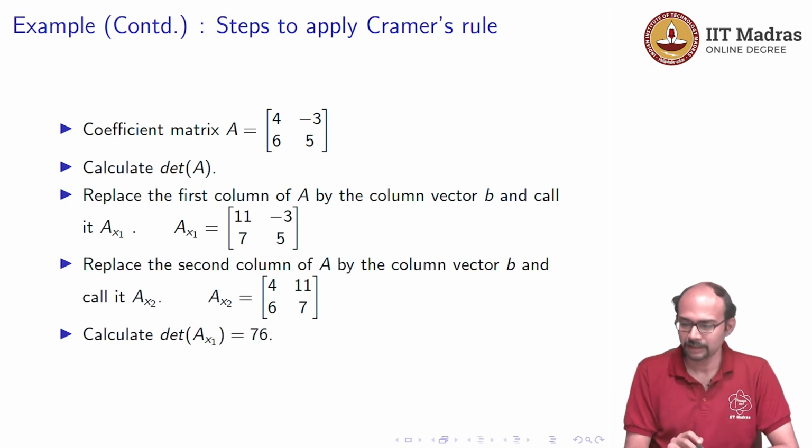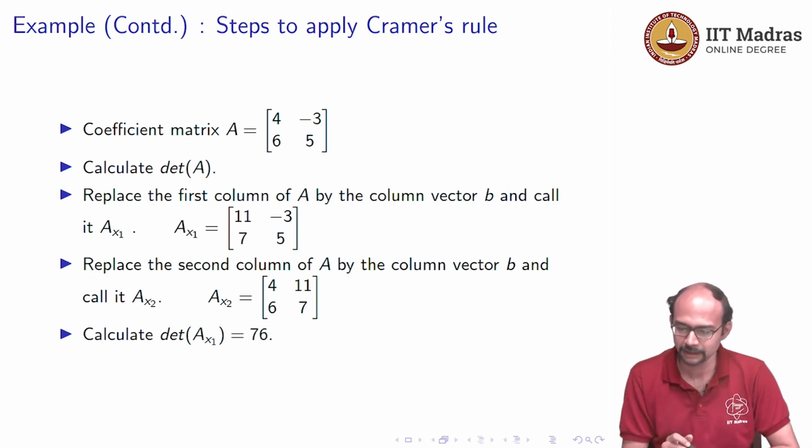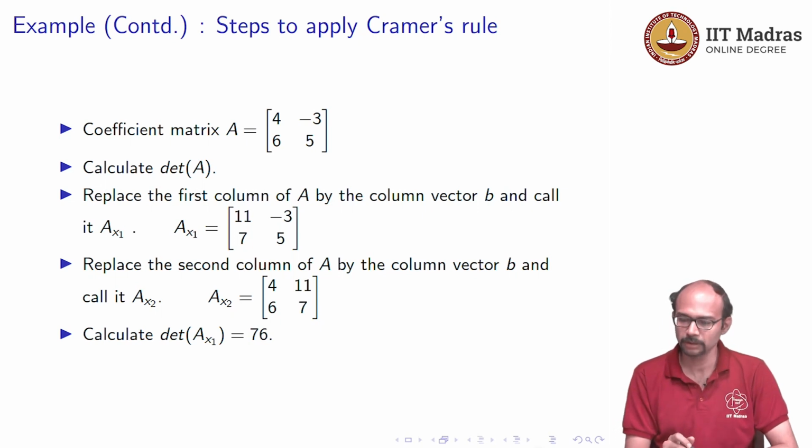Okay. Replace the second column of A by the column vector B and call it A subscript x2. So, we are doing the same thing for the second column. So, now the first column is the same as the first column of A, and the second column is replaced by 11, 7. So, we get 4, 11, 6, 7, that is A subscript x2.